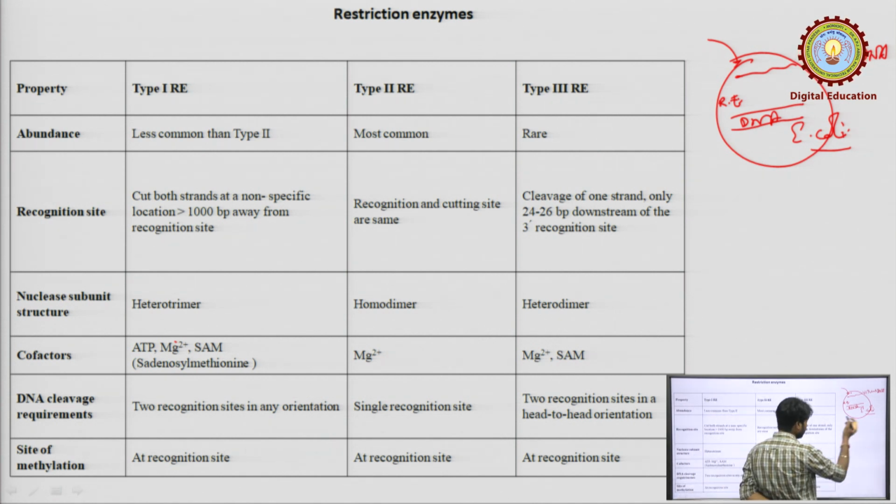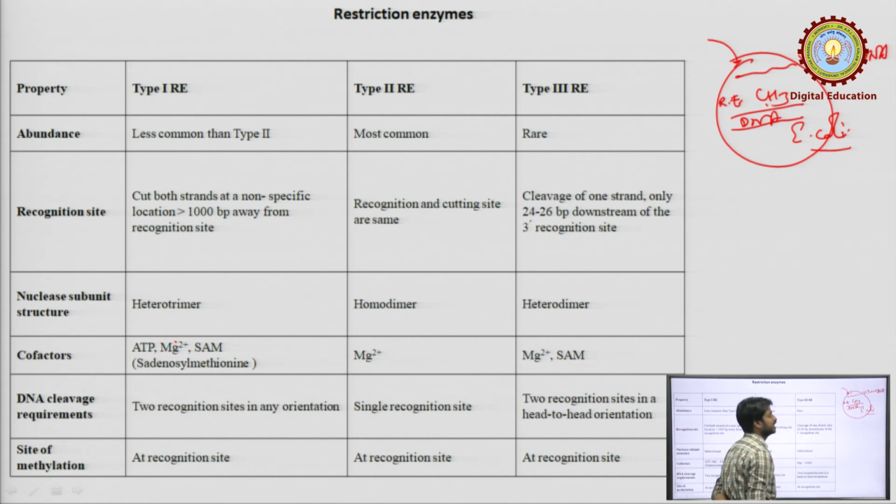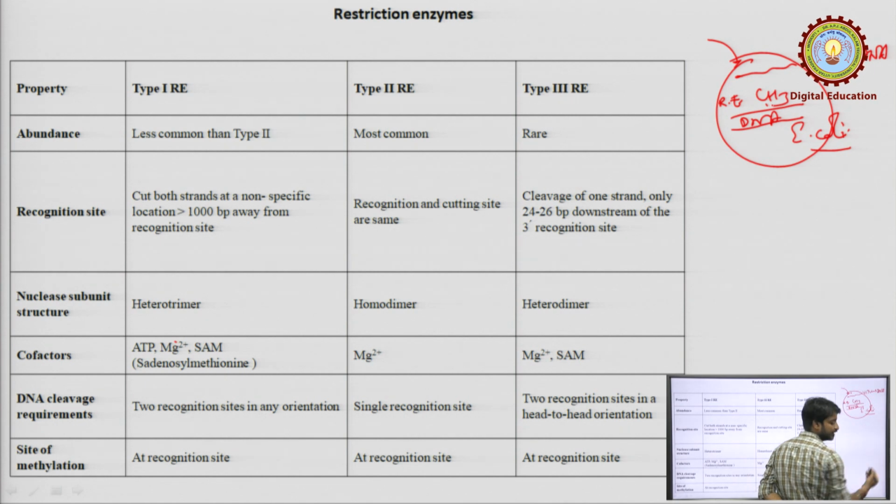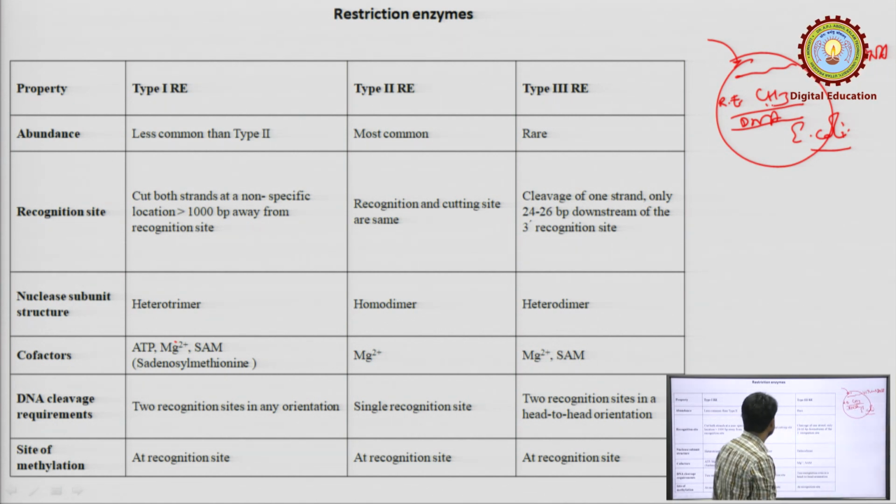For this, the E. coli will methylate its own DNA with the help of a methylase enzyme. So, it will not recognize its own DNA, and it will cut only the virus DNA because it is not methylated.